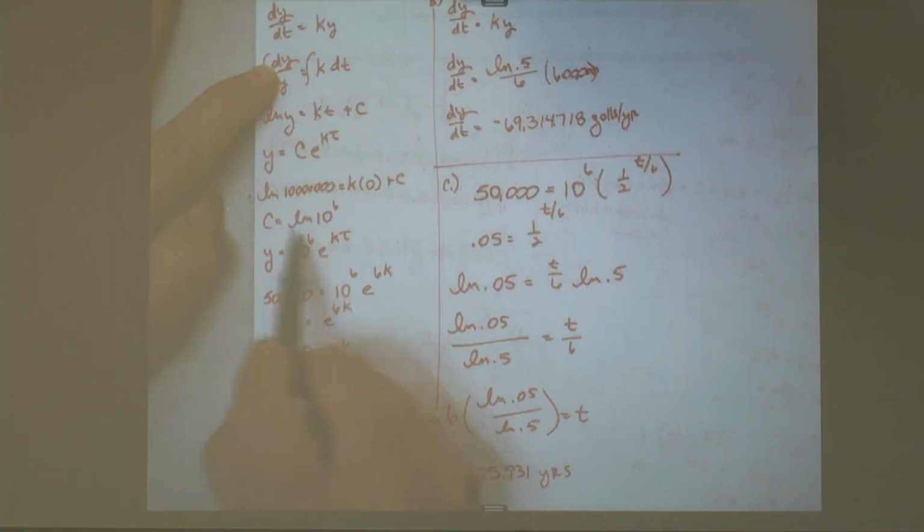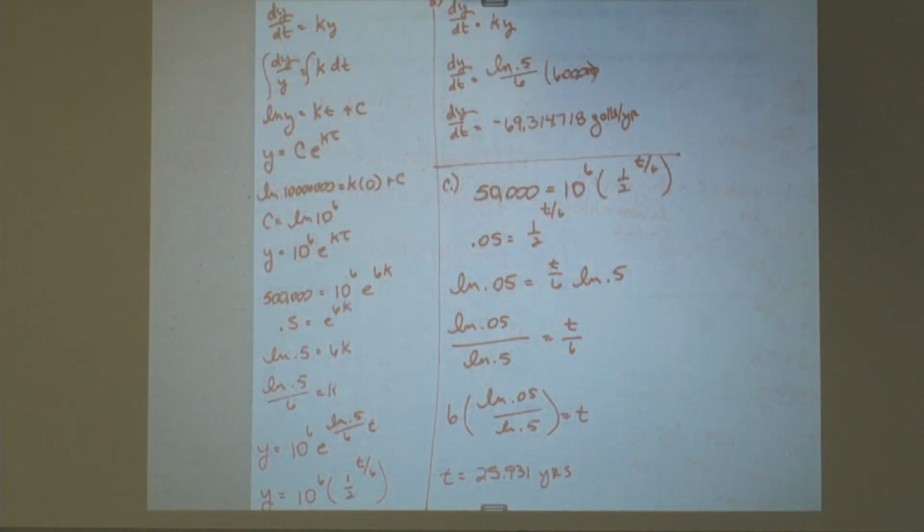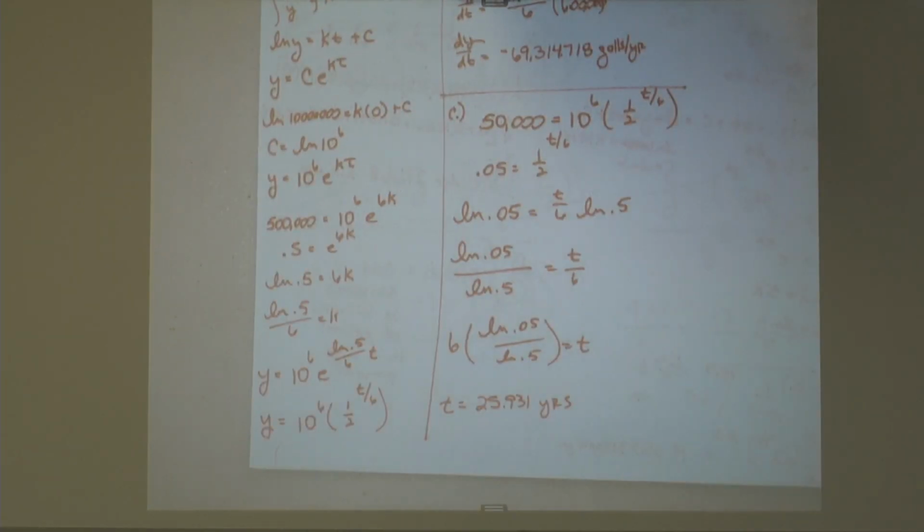So C is ln 10 to the 6th, and when you raise e to the ln 10 to the 6th power, it becomes 10 to the 6th. So there's our equation, y equals 10 to the 6th e to the kt.